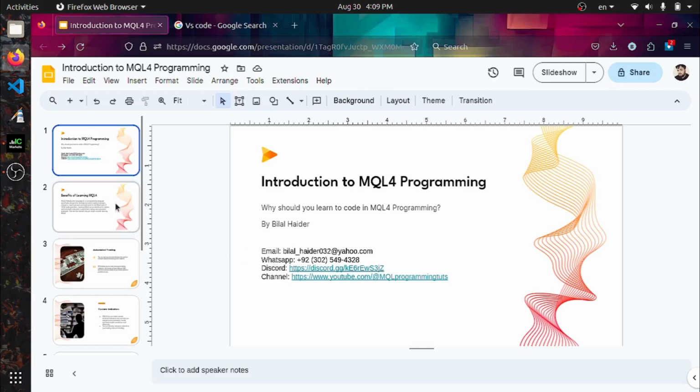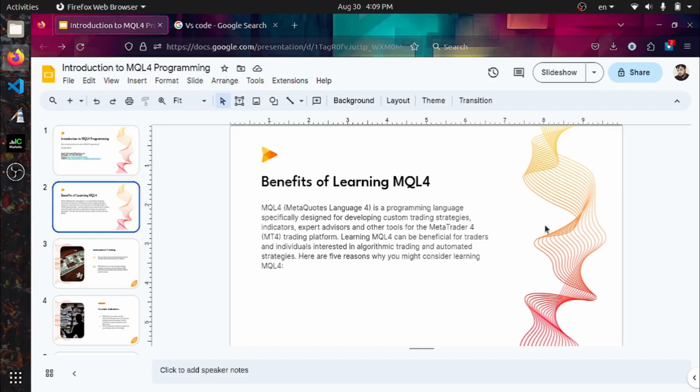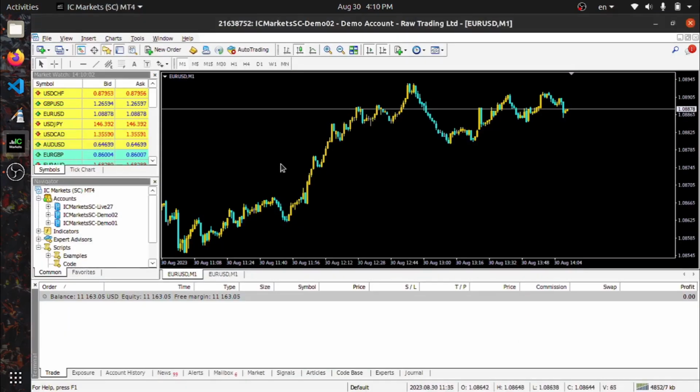So let's talk about why you should learn the MQL4 programming language. When you're looking to learn MQL4 programming, I already know that you are a trader. MQL4 basically means MetaQuotes Language, and it is a programming language you can use to talk to your MT4 trading platform.